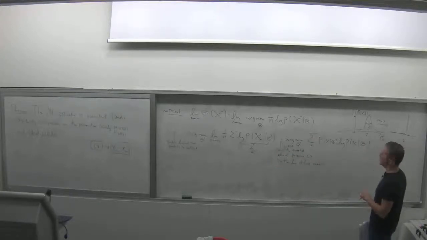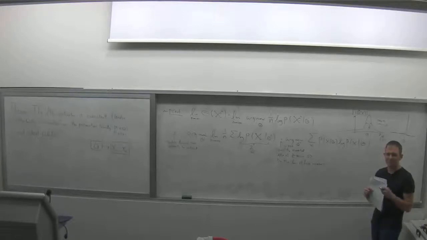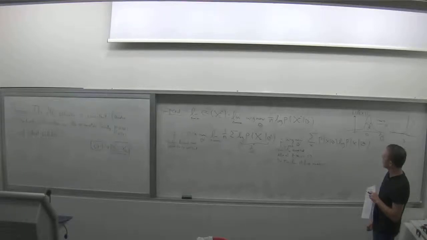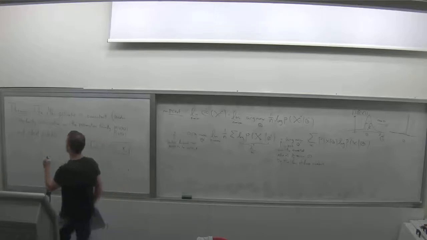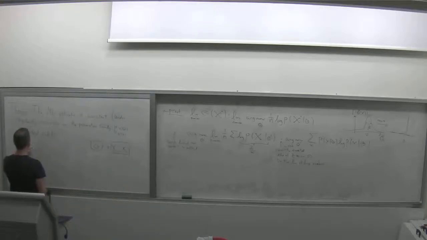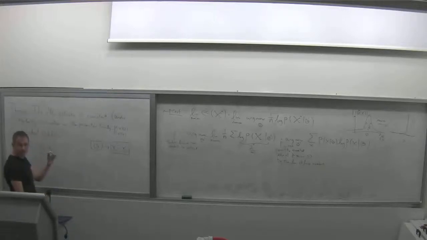Right. I'm sorry if you just said that. No, go ahead. Why is that the expectation of what you wrote there on the right? So you want the expected value of z, given this value of theta, given that everything is generated by theta.